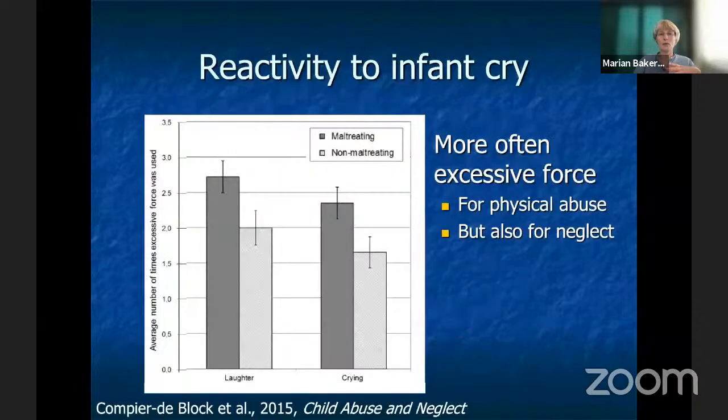And what we found was that the maltreating mothers more often used excessive force, both in response to laughter and in response to crying. So all infant sounds elicited more excessive force. And that was true for those mothers who were using physical abuse, but also for those who were neglectful.